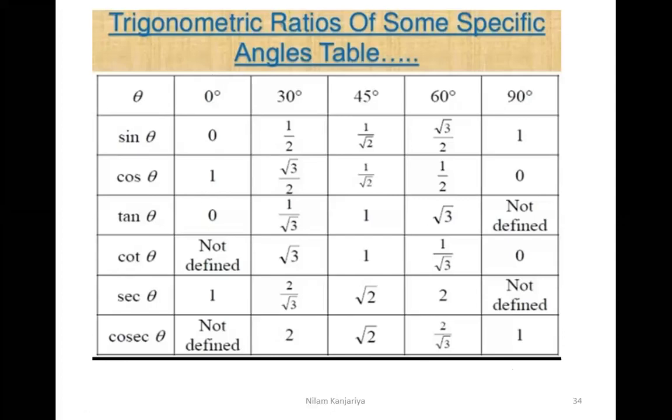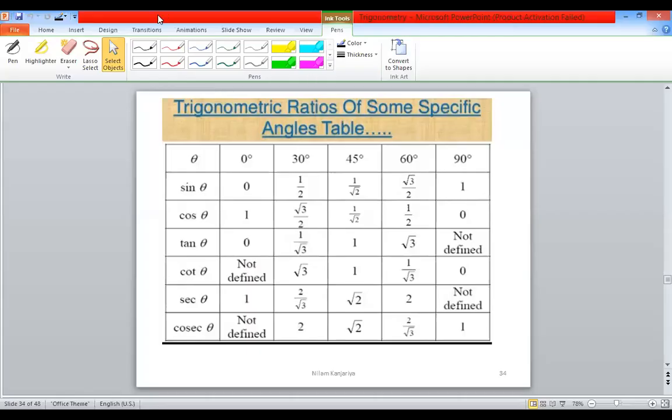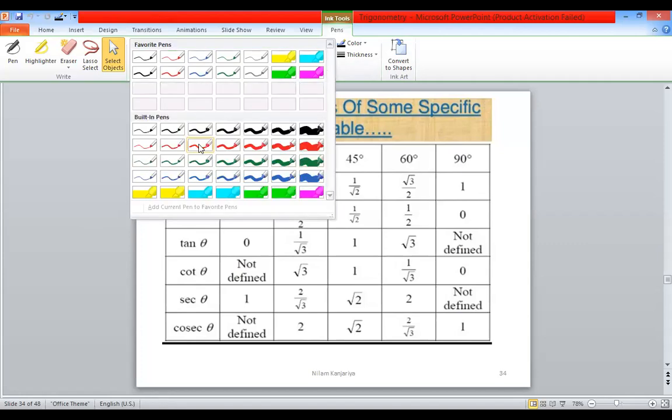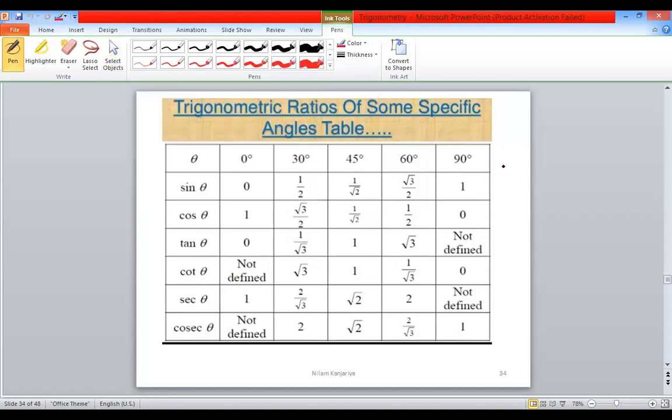If you multiply any number by 0, pay special attention here, the relation, you can convert the degree into the radian. You can multiply any number by pi upon 180. Any number multiplied with 0 is 0. So 0 degree is 0 radian.